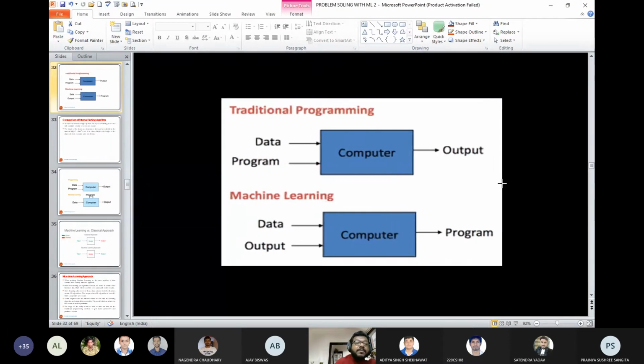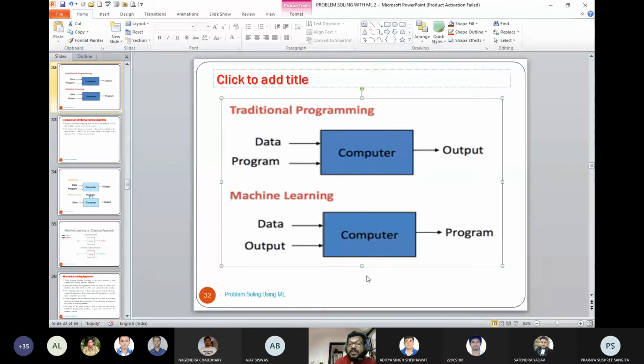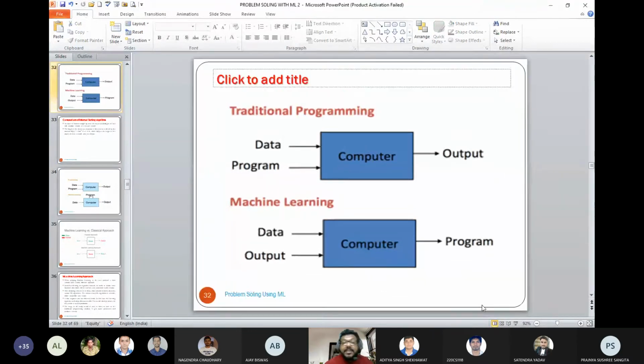So if you understood this slide, it's machine learning. But if you look into the genetic algorithm, it comes under traditional programming, and you have to write the program. So in a nutshell, we go for machine learning or neural networks and others when the functional relationship between input and output is not established.